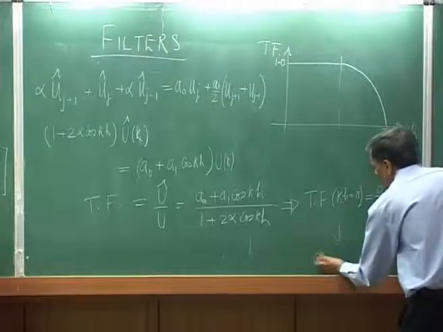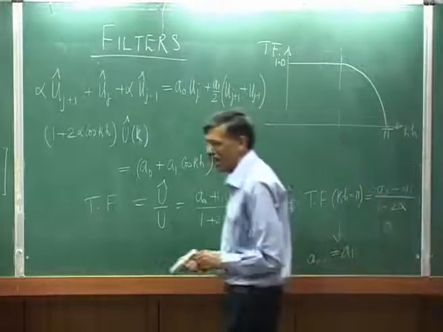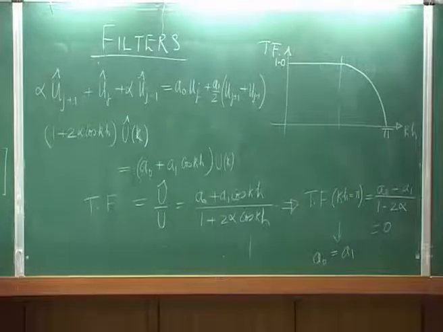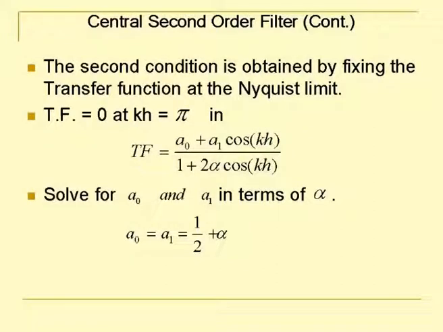That gives you A0 should be equal to A1, right? And if A0 equal to A1, then look at the previous equation here. If I put that in, this is what we get: A0 equal to A1 should be equal to half plus alpha.